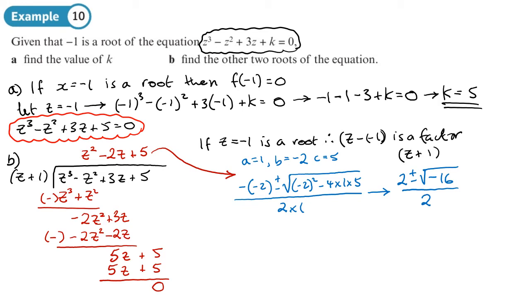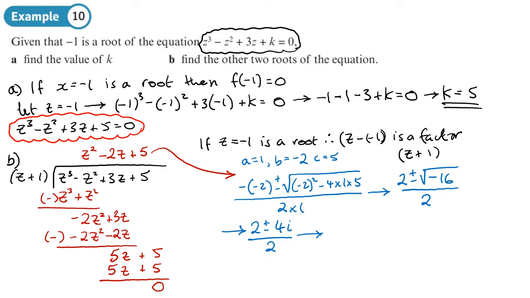Now we should be able to actually work out what the square root of negative 16 is without having to split it up. So it's going to be 4i, all over 2. Sorry, divide the whole thing by 2.